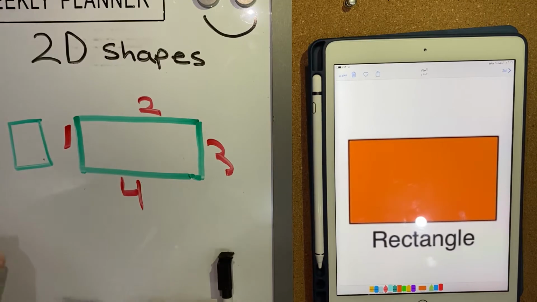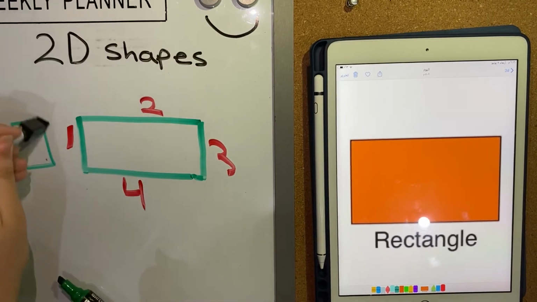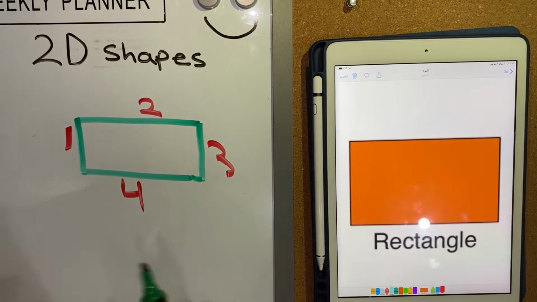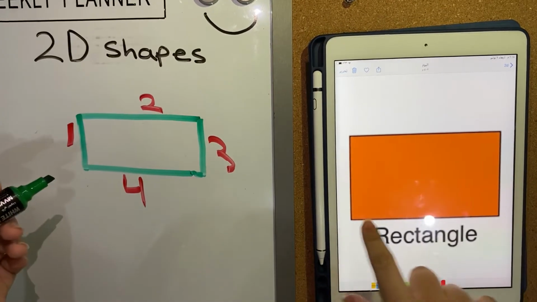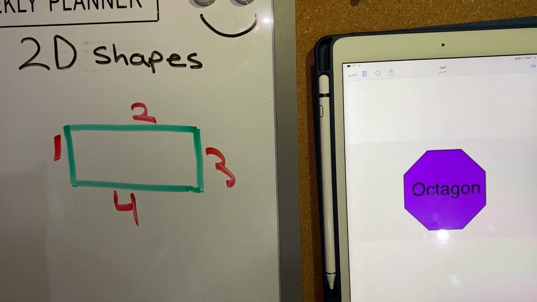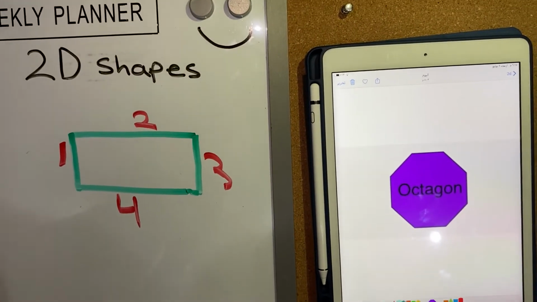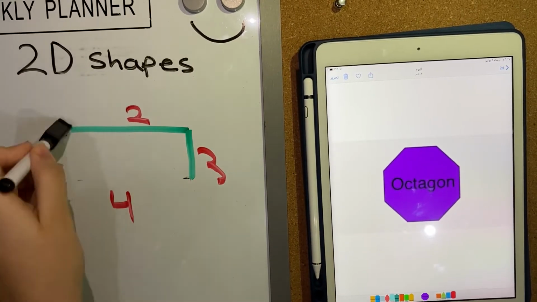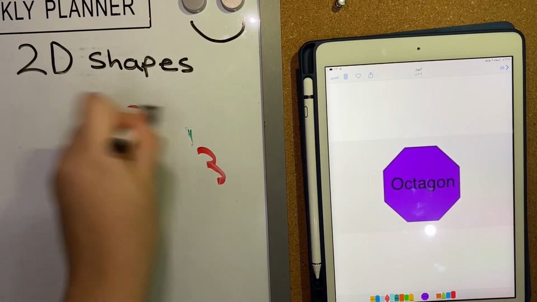Okay, let's go for the next shape. The next shape is the octagon. Okay, let me erase this first.